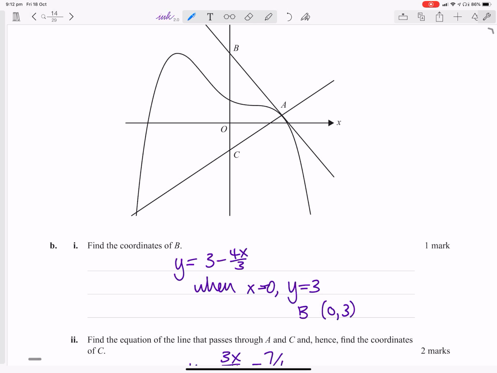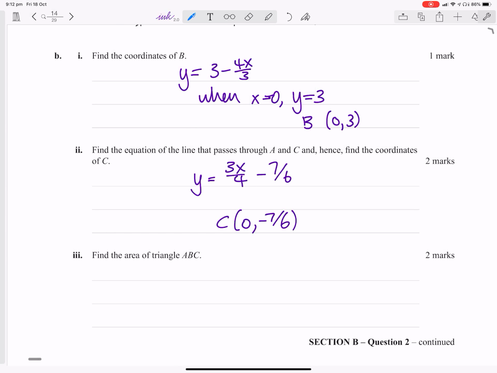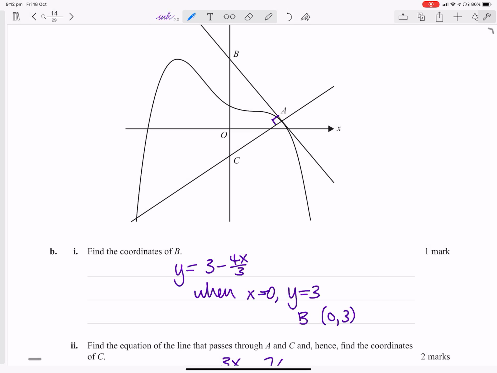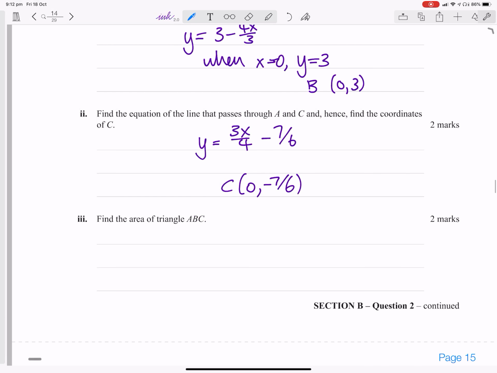Trying to work out the easiest way. Okay, we know that's a right angle. We can find the distance AC and the distance AB. Is there a faster way? We know that value there is 2, so we know the height's 2. What's B minus C?